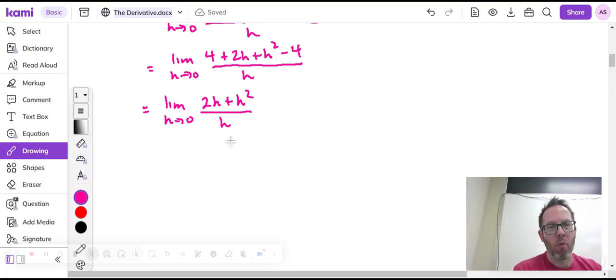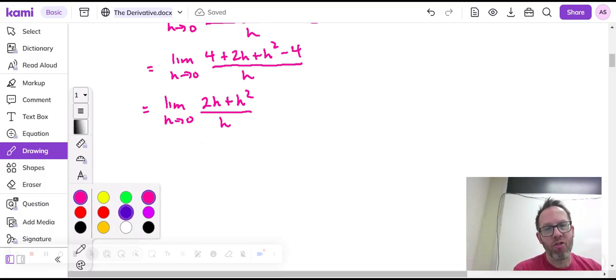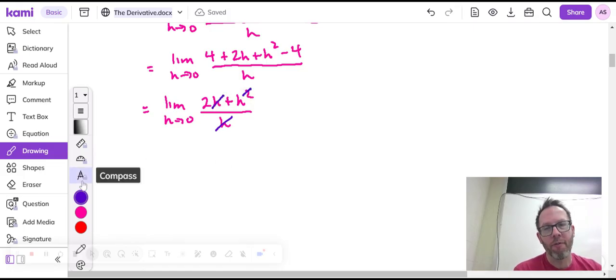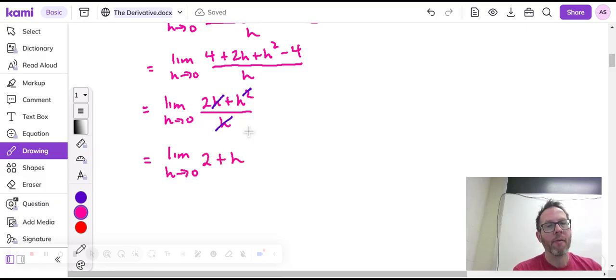Put them in whatever order you want. And then if you guys are okay with this, because there's an h in everything, I'm just going to divide out the h from everything, tick down the powers of h from every single term, and I'll be left with the limit as h approaches 0 of 2 plus h. I can do that here because every single term has an h. There's nothing wrong with plugging in 0 here.